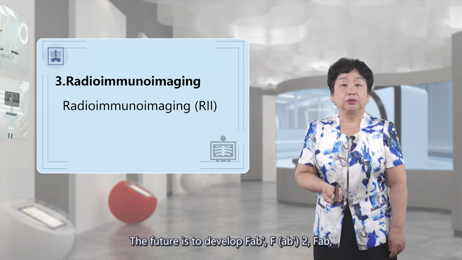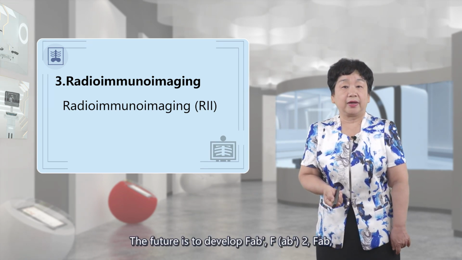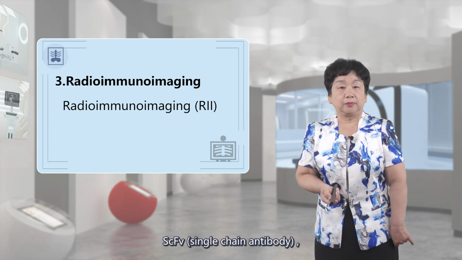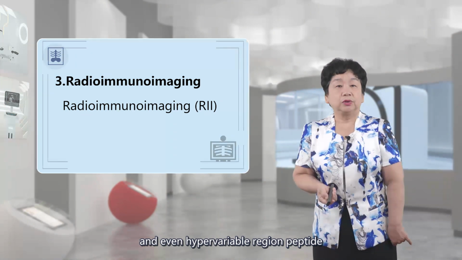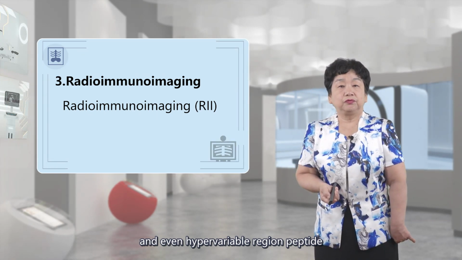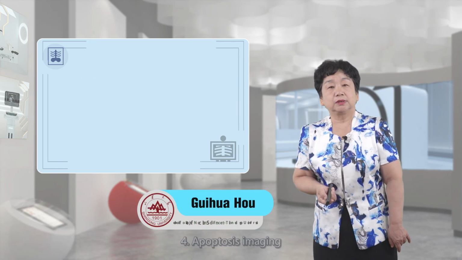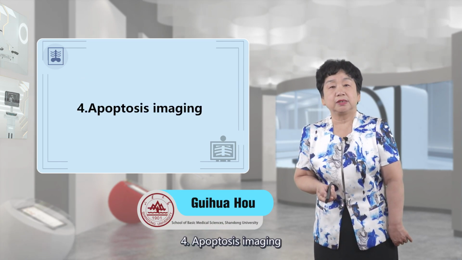So in the future we need to develop fragments of antibody, single chain antibody, and also hypervariable region peptide. The last one, apoptosis imaging.